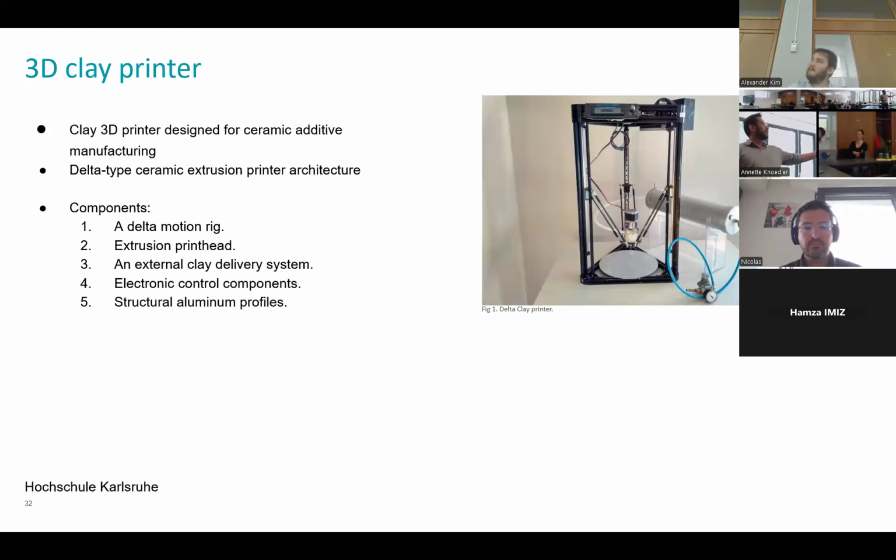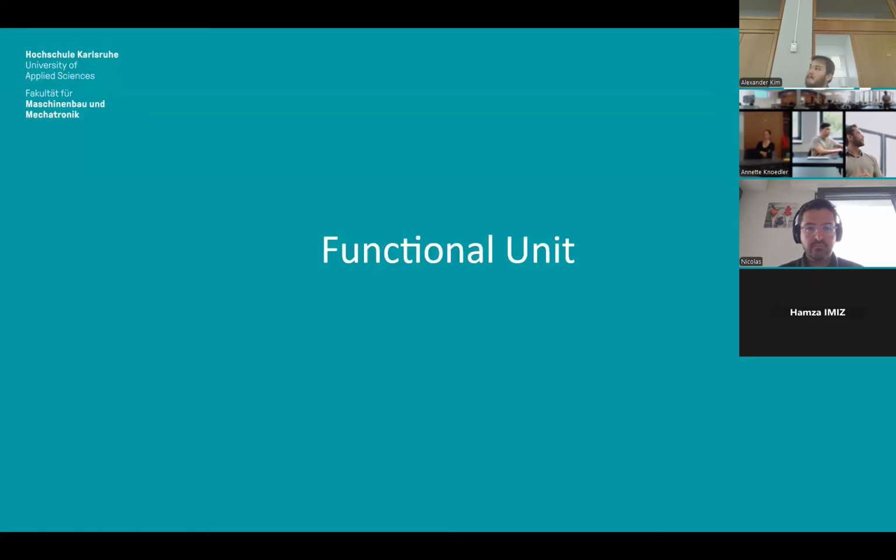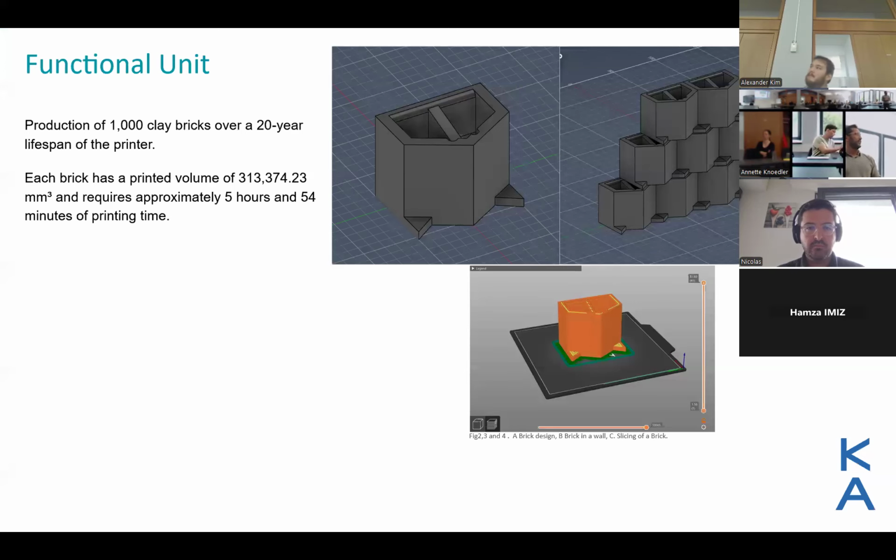Firstly, we disassembled this 3D clay printer into these 5 components, these 5 subsystems. And in the following slides, we're going to go deep into the details of which materials are used for making these subsystems. Next slide, please. The functional unit is the brick that we designed for the passive cooling effects.